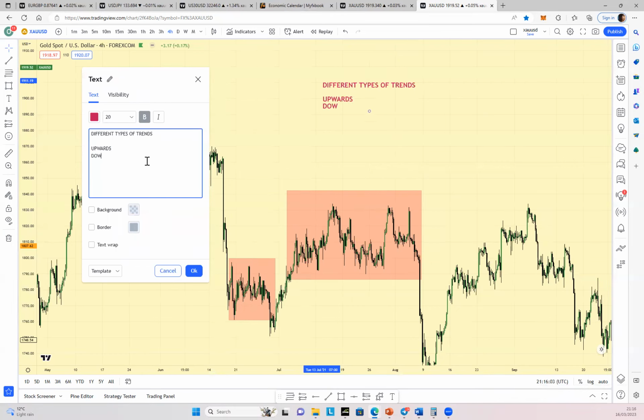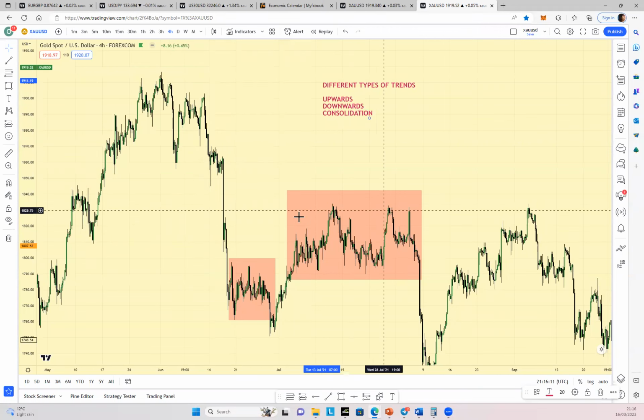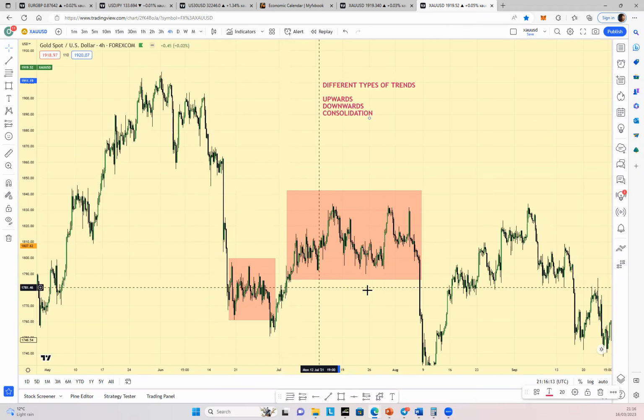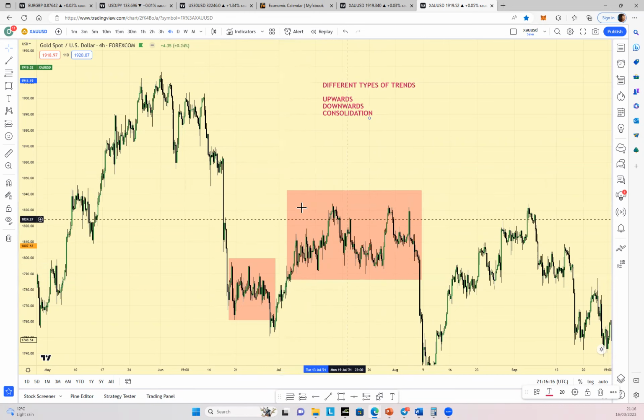It's an upward trend, isn't it? I'm asking about this area that I've just highlighted. What springs to mind? Is it clear that it is up or down, or is it in the middle, or is it consolidation?